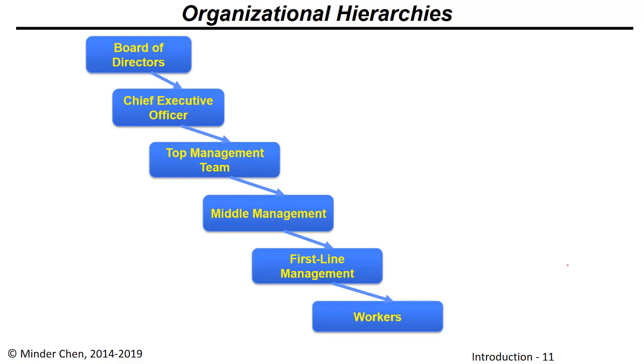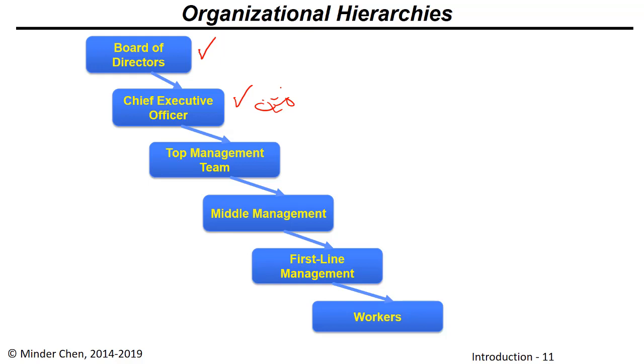We can also study management based on the organizational hierarchy, which means managers' position within an organizational hierarchy. At the top, there's a board of directors and a CEO, who are the key top management.